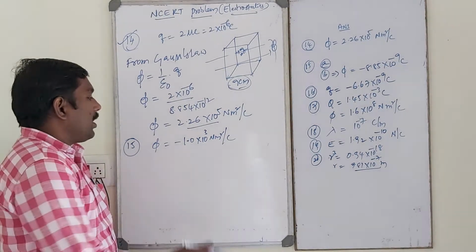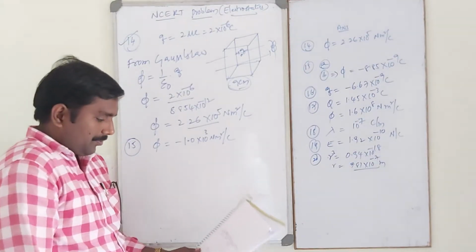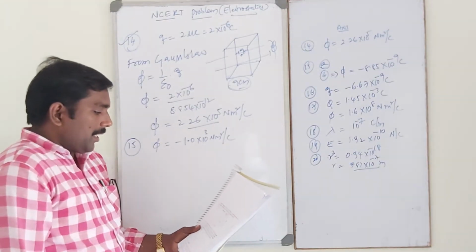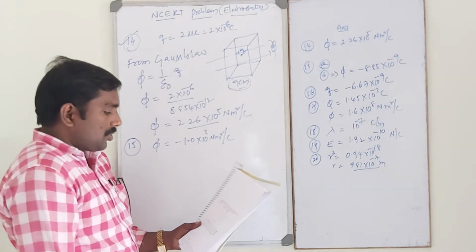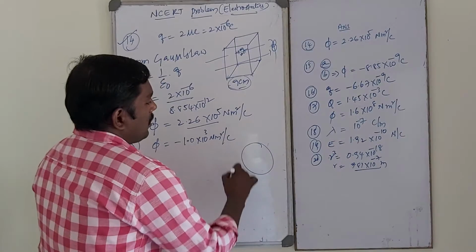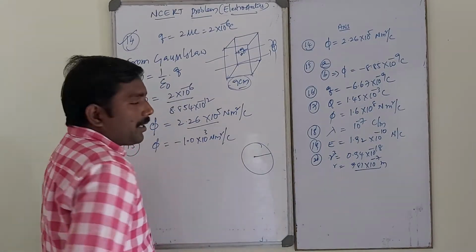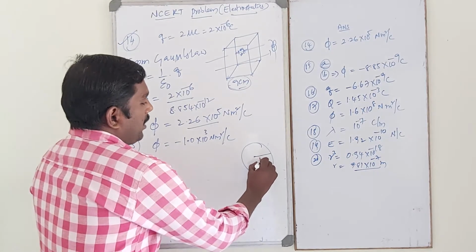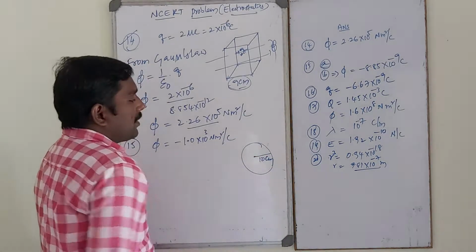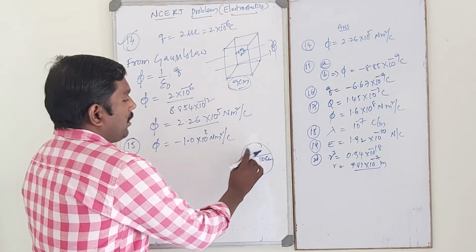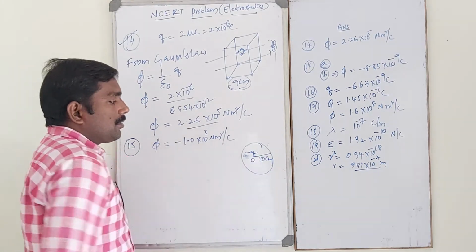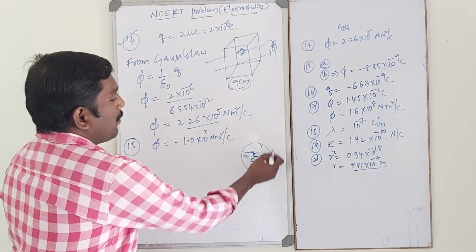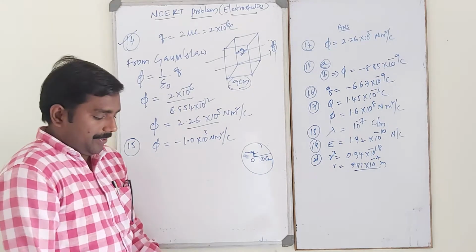See, this is the spherical Gaussian surface, radius 10 centimeter, already given. The negative charge is placed at O, the midpoint of the Gaussian spherical surface.